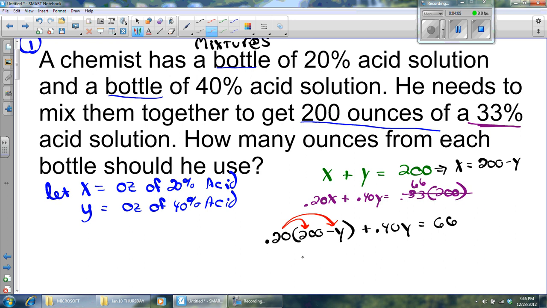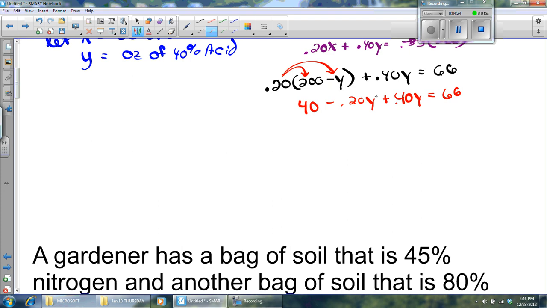I think it's going to be 40. So I'm going to get 40 minus 0.20y plus 0.40y, and that's going to equal 66. I'm going to combine these like terms, and I'm also going to subtract 40 from both sides.